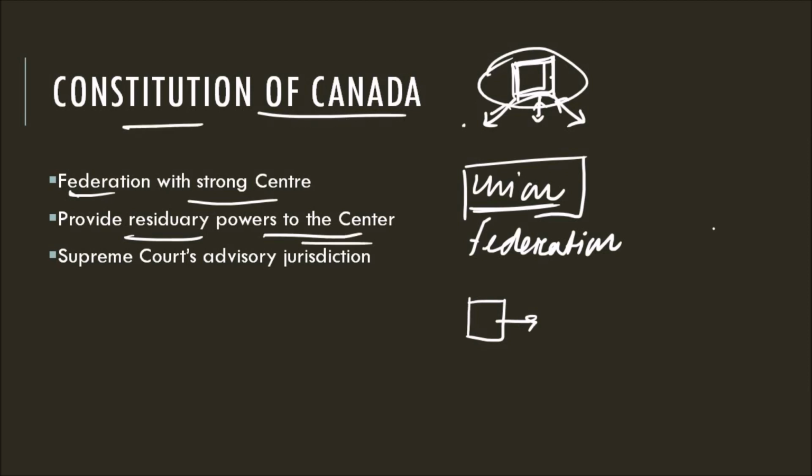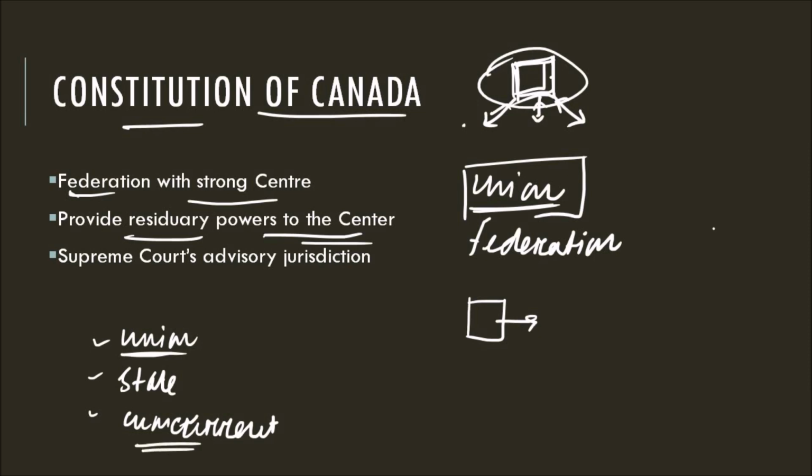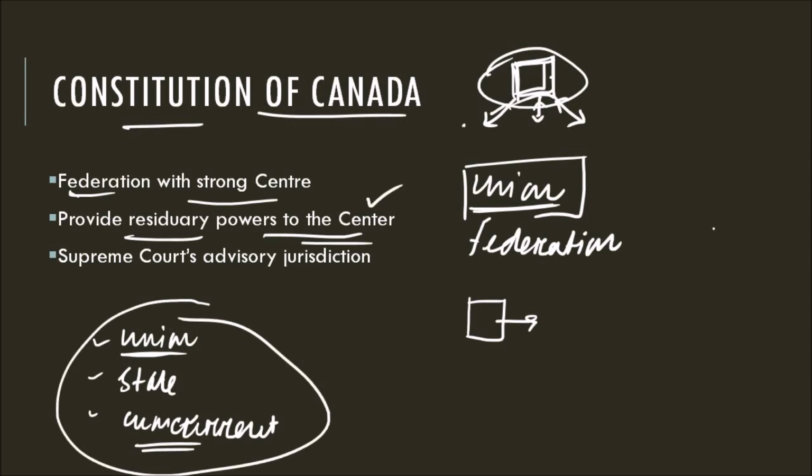As we discussed earlier, we have a union list, a state list and a concurrent list. The central government can legislate on the subjects on the union list and concurrent list, and if there is any subject which is not included in these lists, it will be legislated by the center. The Supreme Court's advisory jurisdiction feature is also borrowed from the Constitution of Canada.